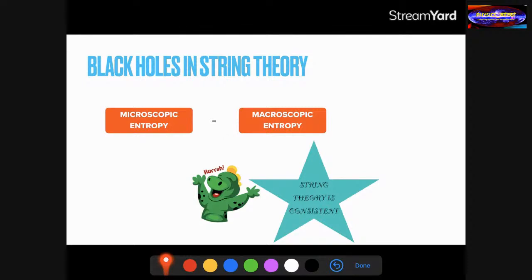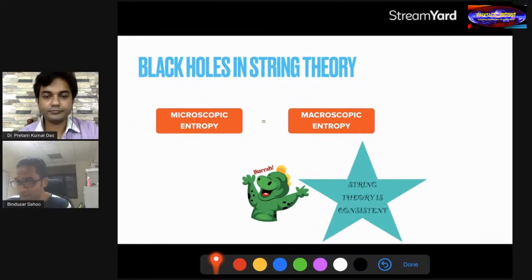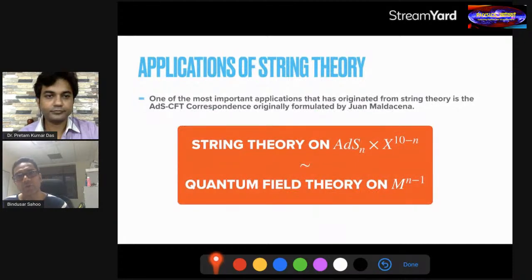So that is one of the triumphs of string theory, if you may say. Is string theory just an idea which is very, very far away from experimental verification? If you want to experimentally verify any ideas of string theory, it may need very high energy scales, and currently we have not reached that scale. So it's very far away from any experimental verification.